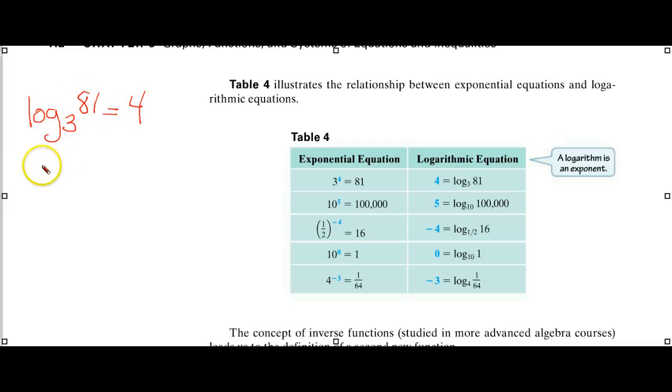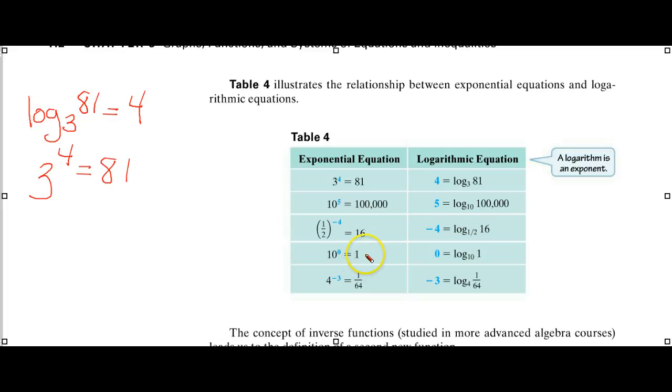So our base is 3, our exponent is 4, and this equals 81. So here our base is 10, our exponent is 5, and it equals 100,000. Here our base is 1/2, our exponent is a negative 4, and it equals 16.